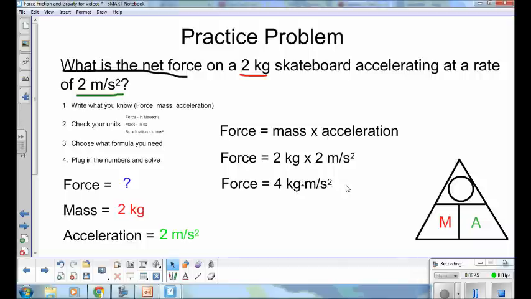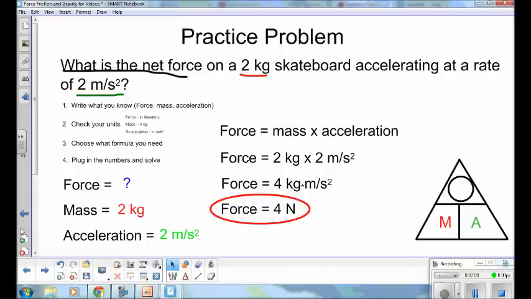The nice thing that physicists have done, given the fact that we're always measuring our force in newtons, and we always have our mass in kilograms, and we always have our acceleration in meters per second squared, is that we can just write that as 4 newtons. So a kilogram times meter per second squared is equal to a newton. And there you have your answer.